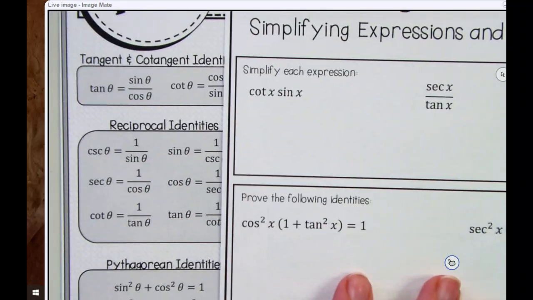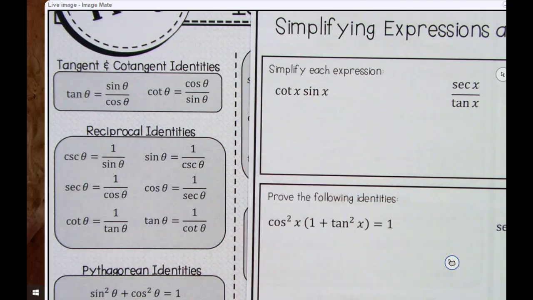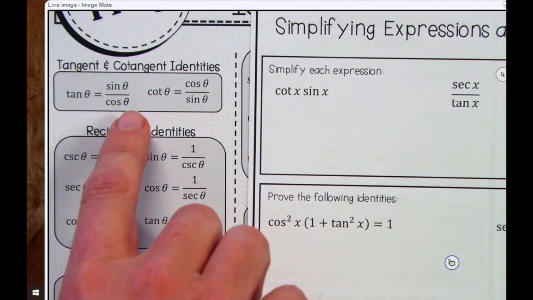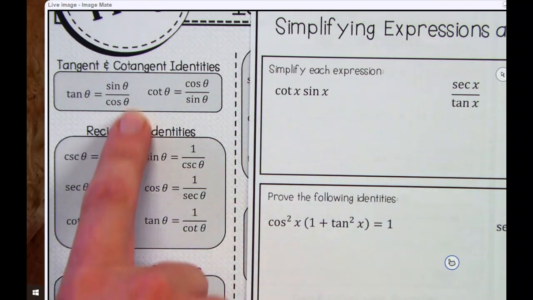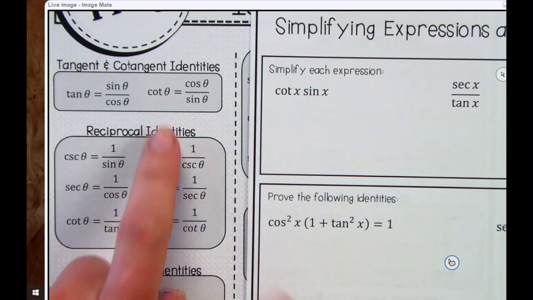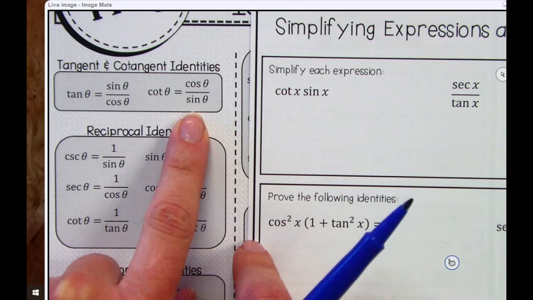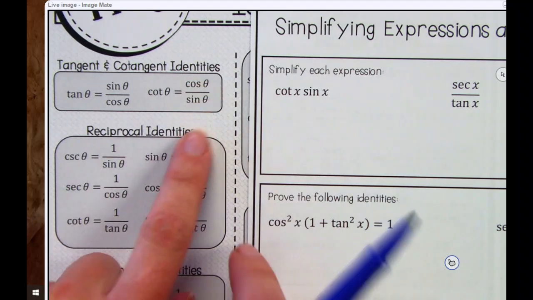Now I look at cotangent. Here it is. And I'm going to come over to my formulas and identities, and I'm going to see what does cotangent equal. Cotangent equals what? Cosine over sine, doesn't it? All right.